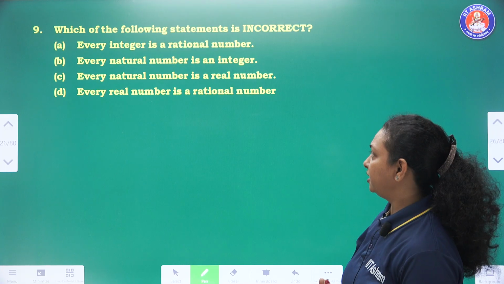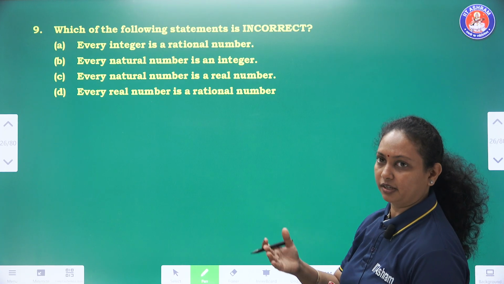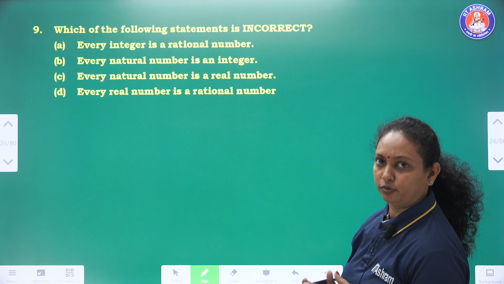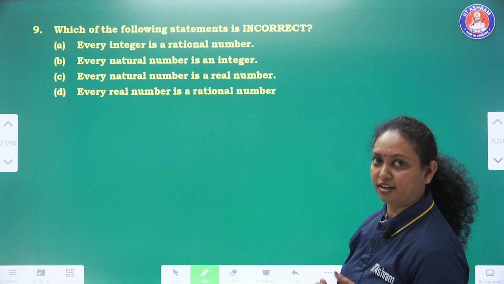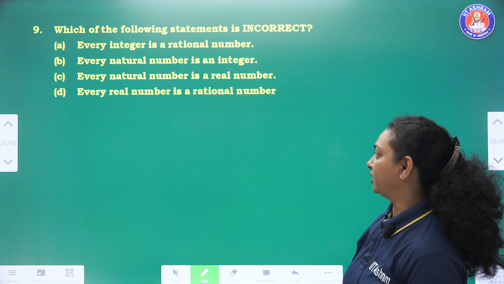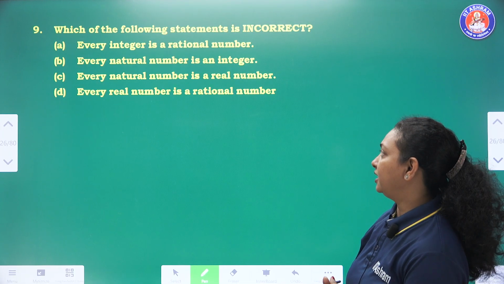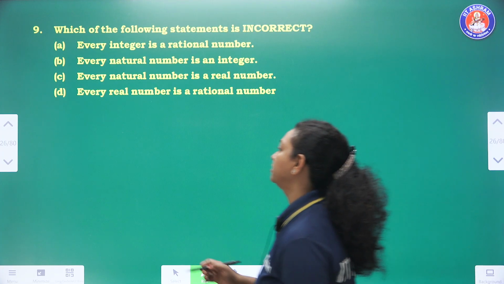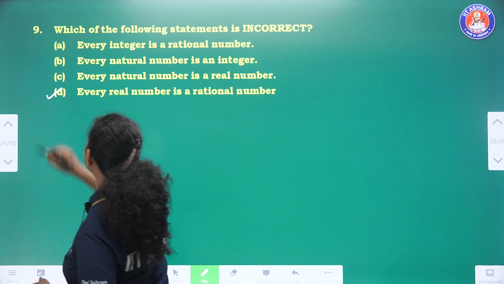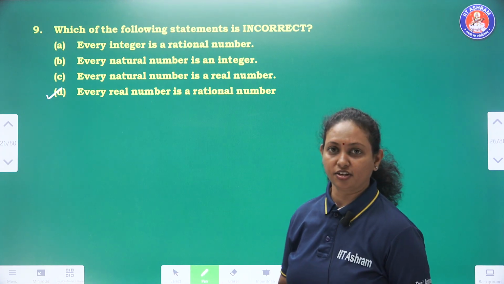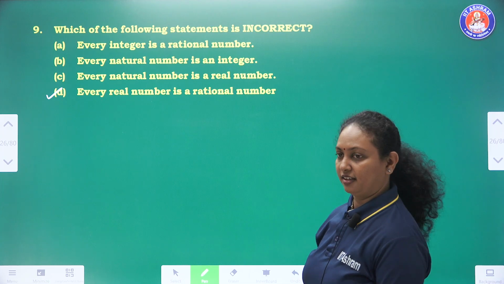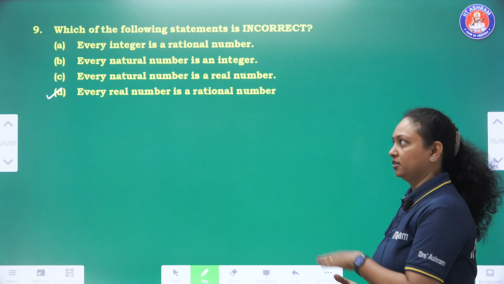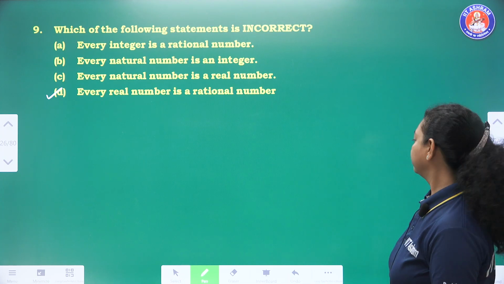Definitely, because real numbers are divided into rational and irrational, and rational numbers include integers. Every real number is a rational number. So this one is the incorrect statement, because a real number can be rational or irrational. Okay, so option D is the incorrect one.